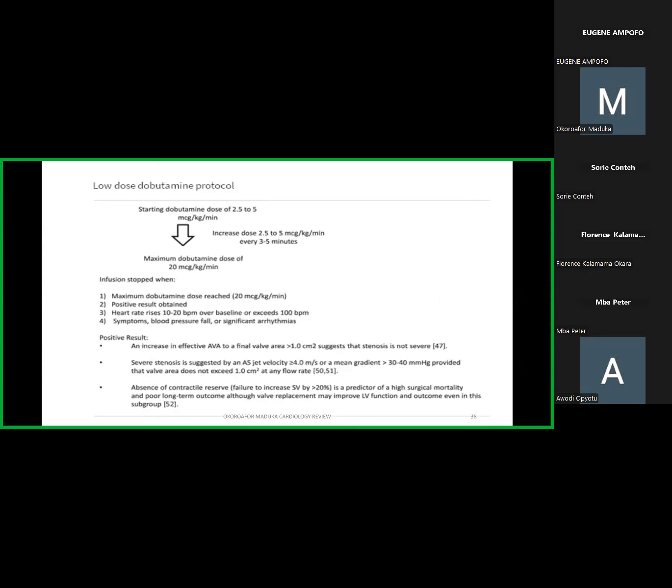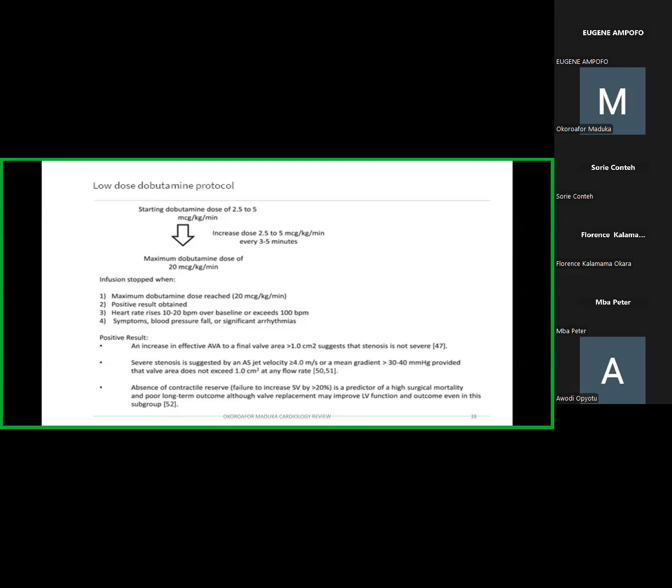So this is the protocol to use when you're considering doing a low-dose dopamine protocol for these patients. Usually the dose of dopamine is 2.5 to 5, and you increase the dose every 3 to 5 minutes, to a maximum of 20 microgram per kg per minute.